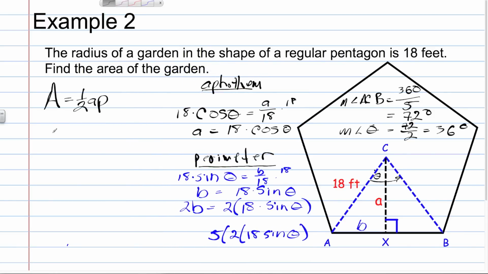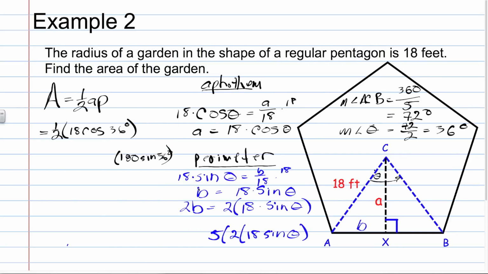Substituting this information into our formula, 1/2, the length of the apothem, which is 18 cosine of 36 degrees, times what I have down here in blue, 5 times 2 times 18 times the sine of 36 degrees. 5 times 2 is 10, and 10 times 18 is 180, so that's going to be 180 times the sine of 36 degrees.